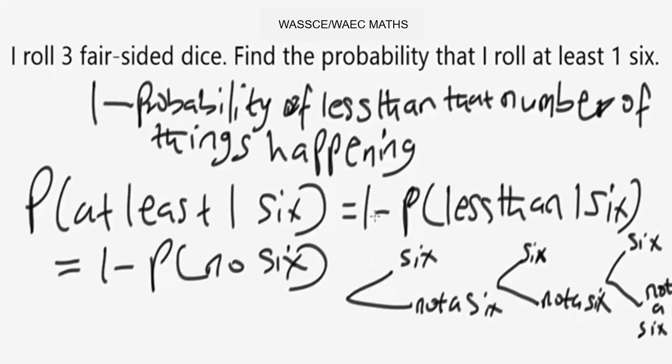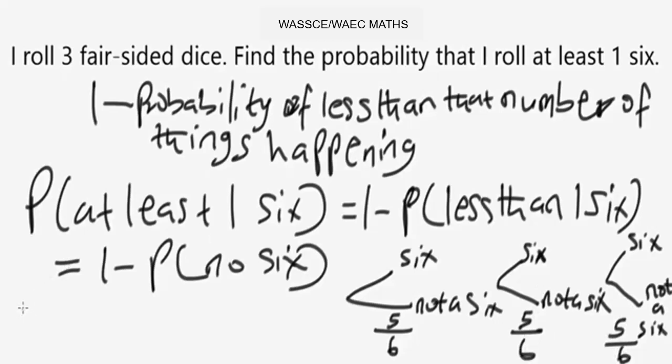Now for not a 6, we're going to have it to be 5/6. For not a 6 in this second tree, we're going to have it to be also 5/6. This one will also be 5/6.